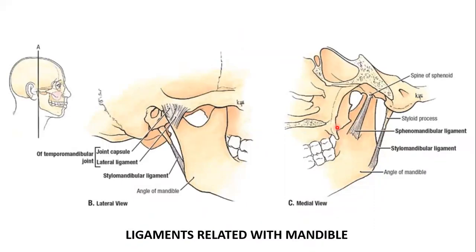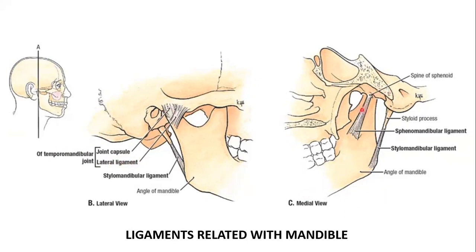Now, and finally, some ligaments. You see, this is the temporomandibular joint. It has a lateral ligament. See this? It is attached to the neck of the mandible. This is the neck giving attachment to the lateral ligament.